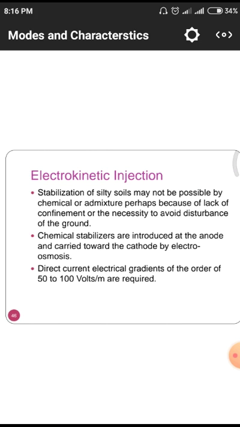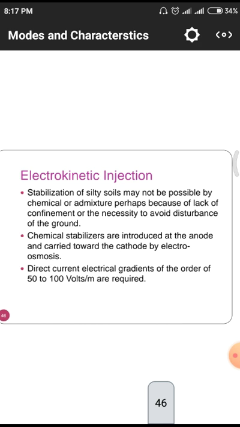Next one is electrokinetic injection. Normally electrokinetic injection means some quantity of current is passed through the material while we have a void, so that we fill the void with some chemical admixtures or mineral admixtures.